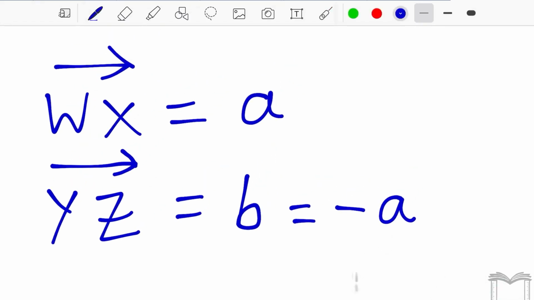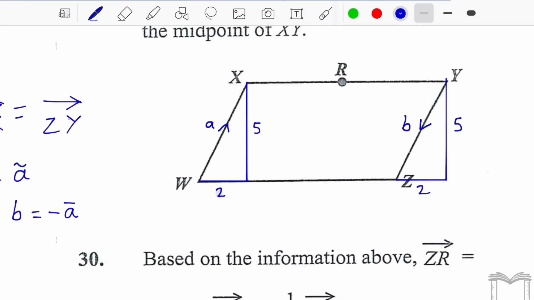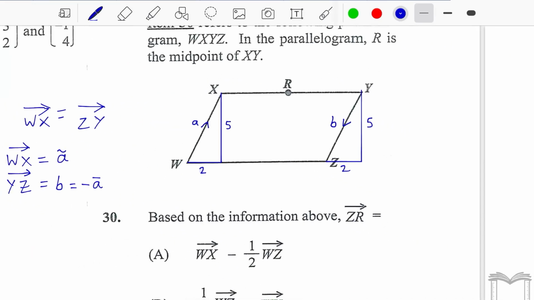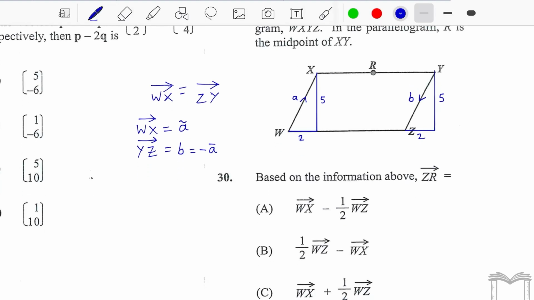Right? Some persons put a dash on top, or they put it like an accent. Right. So now that we are either reminded of this or we have learned this, we can now check the answers and see which one is correct.